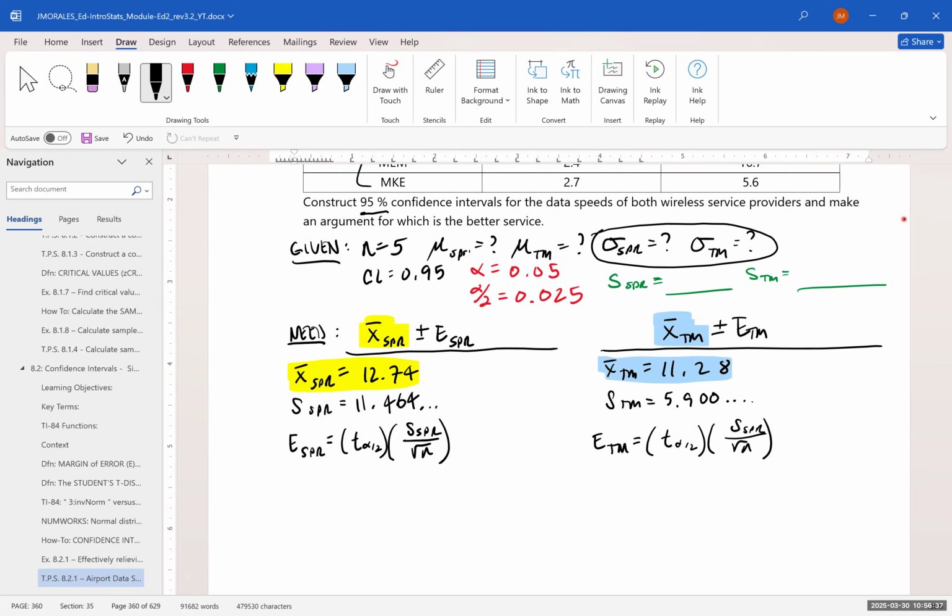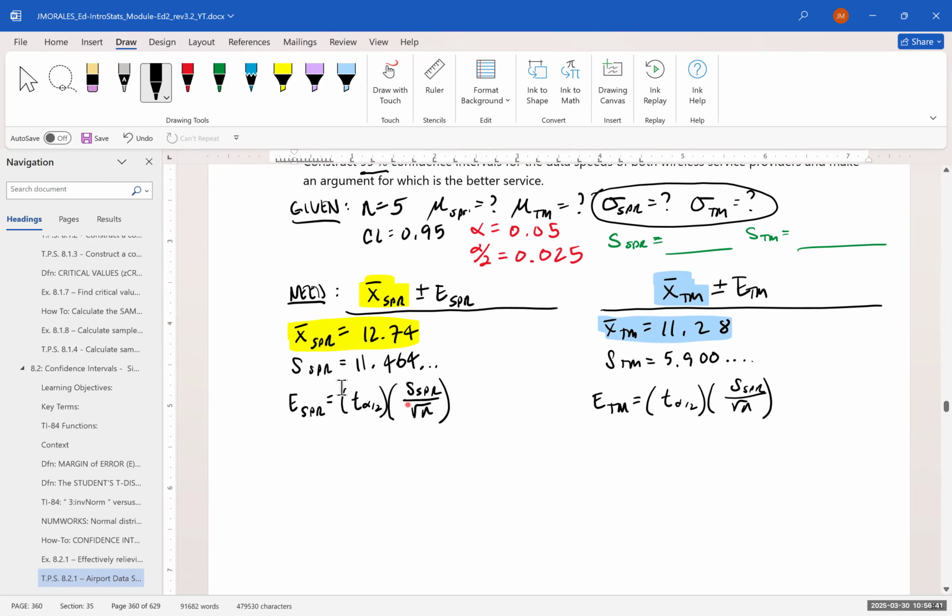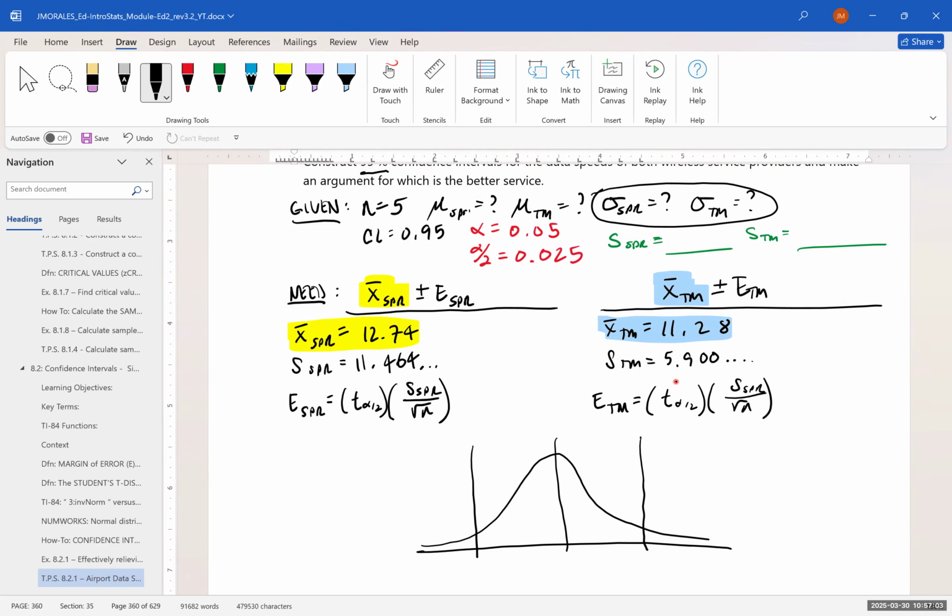Now, regardless of this being for two separate calculations, the t alpha/2 score is going to be the same for both. So I'm going to just put one distribution here in the middle, and it's going to be two-tailed because we're dealing with a confidence interval.